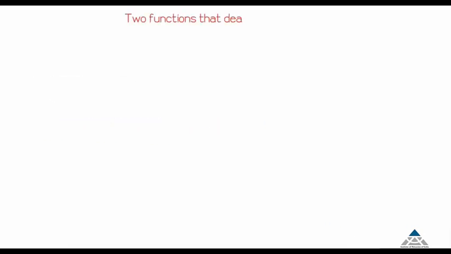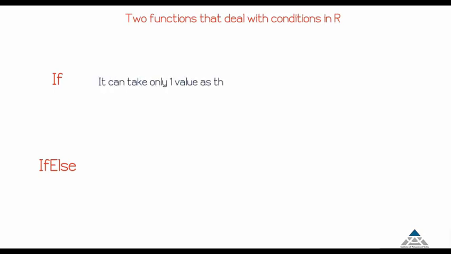There are two functions which deal with conditions in R: if and if else. The if function can take only one value as the argument. Suppose we have a column with multiple values in it.